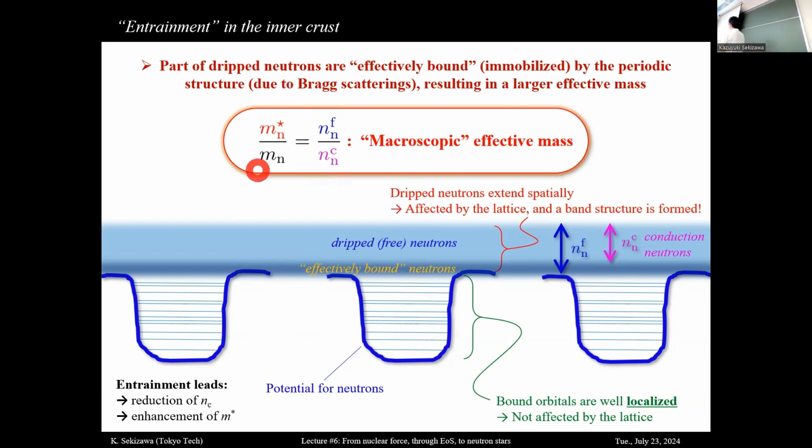Anyhow, when the entrainment effect is strong, the conduction neutron number density is reduced. Okay, because of strong entrainment. In such a case, we can regard the neutrons as having a larger effective mass. So it means the neutrons are hard to flow, difficult to flow. So this is the entrainment effect, which is related to the effective mass of drift neutrons.